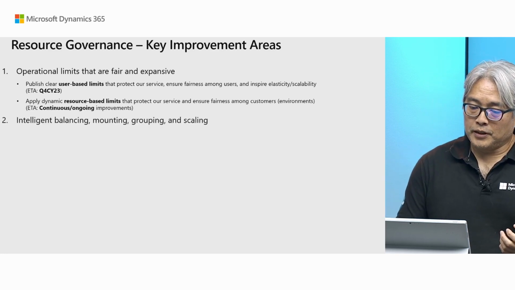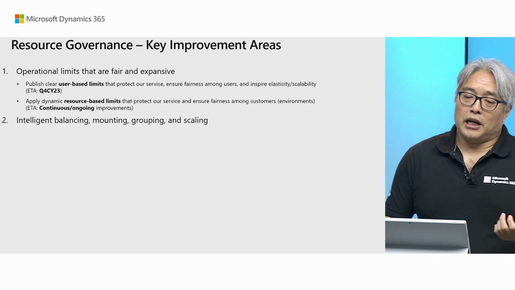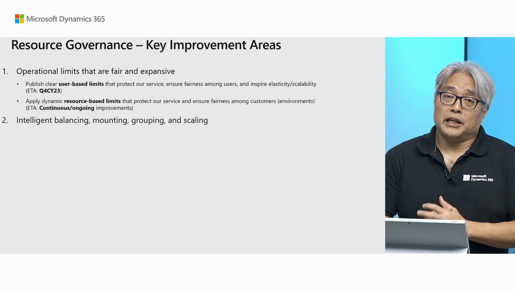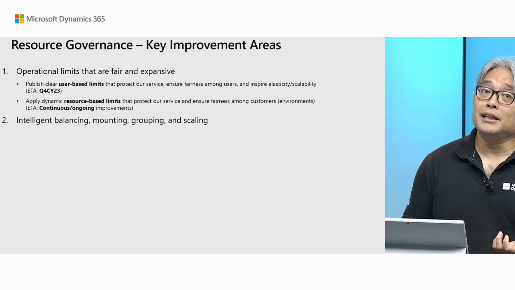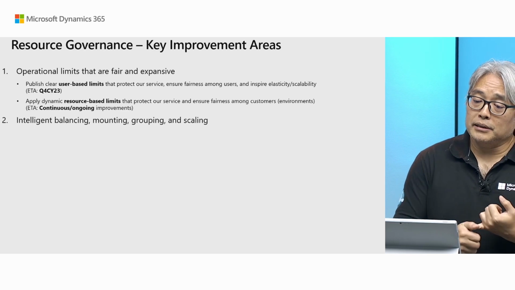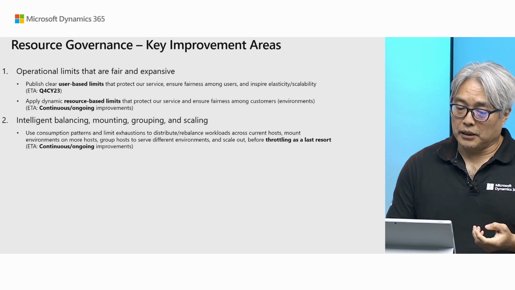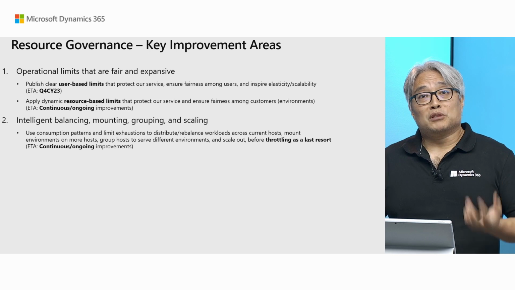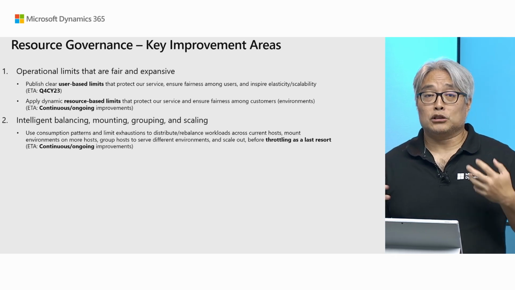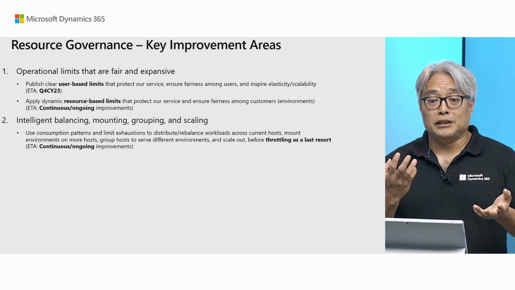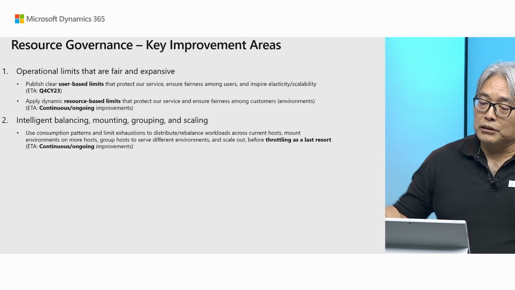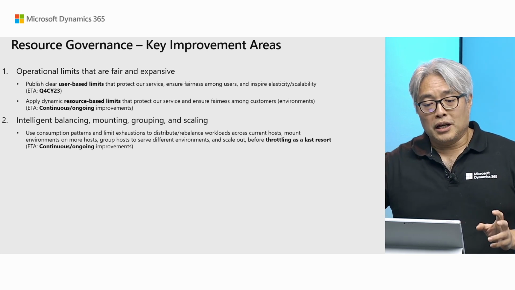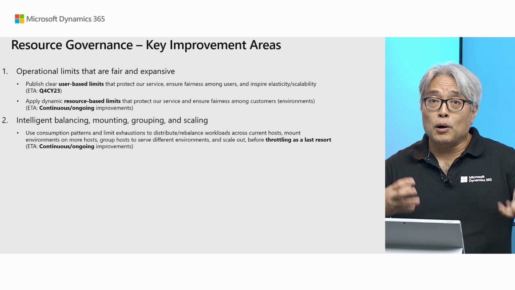Okay? The second thing that we are able to improve with the resource consumption tracking is, like I mentioned before, the elasticity techniques. So we can do intelligent balancing, mounting, grouping, and scaling. Because the consumption pattern and the limit exhaustion signals can be used to distribute or rebalance workload more intelligently across mounted hosts, mount more environments on more hosts, and group hosts differently.